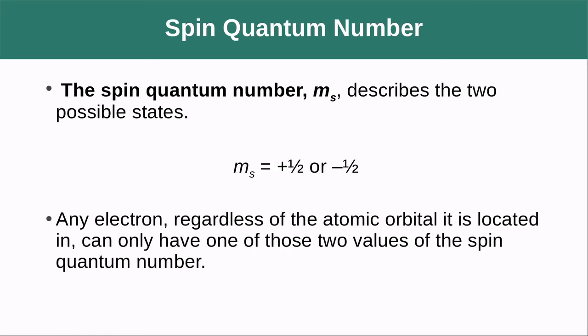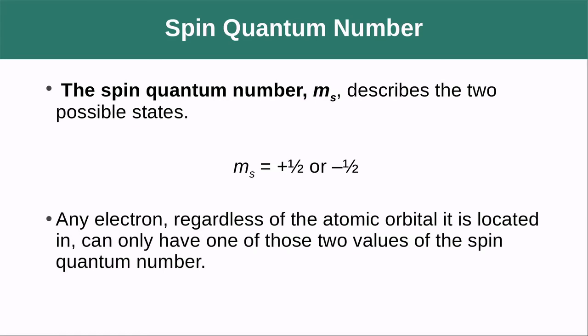Spin is to magnetism the same as charge is to electricity. It's the smallest unit of magnetism. So that's just a little extra note for you guys.